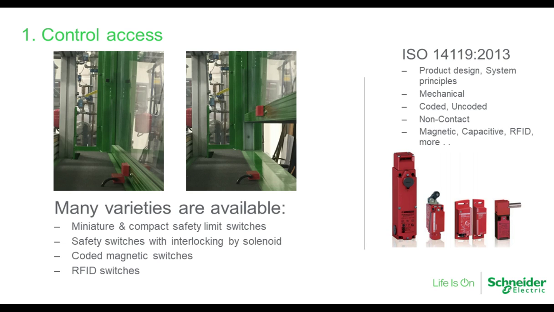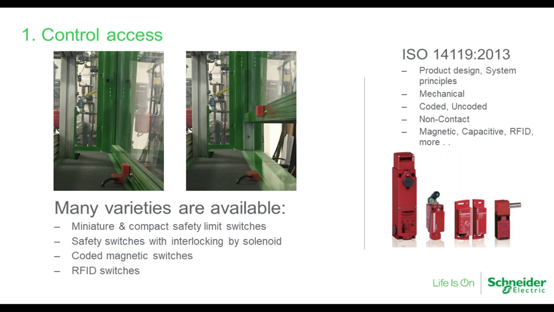At the end of the day, you don't want to make it hard to get to the place that has the hazard, as long as you can make sure that it's safe. That way you don't have people trying to bypass it, trying to remove sensors that are there for their own protection, and that's something we want to keep in mind.